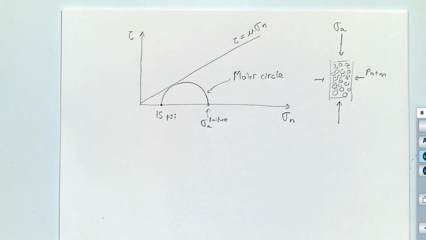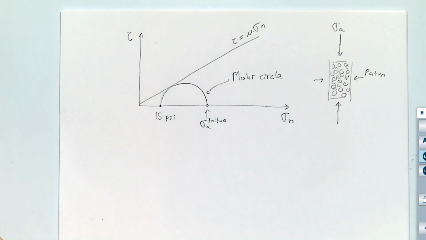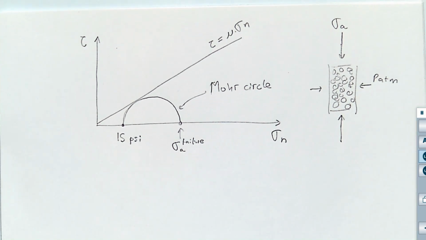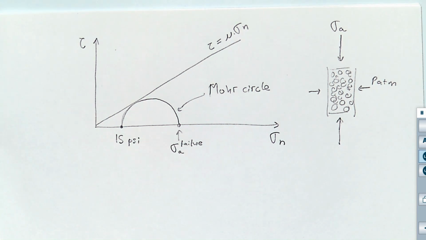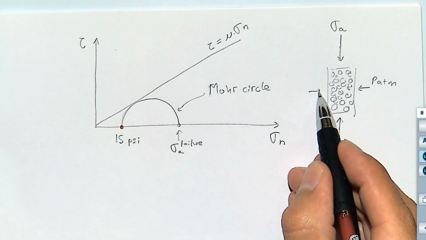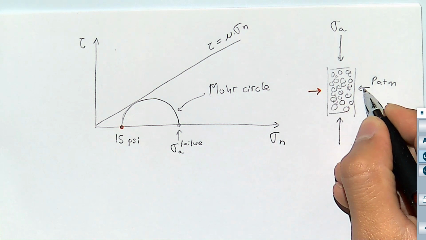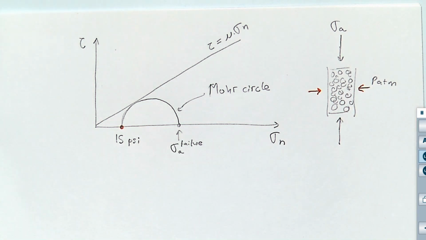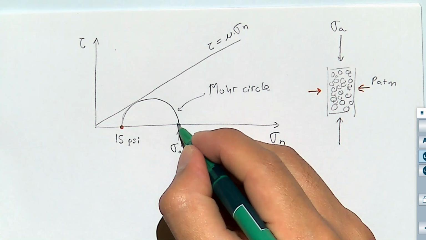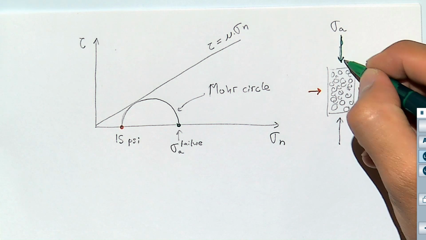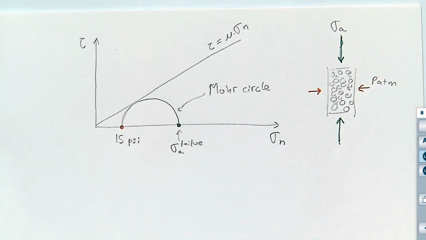For this particular case, the state of stress is given by the stress in this direction and the stress in the perpendicular direction, sigma A, where these two stresses are principal stresses.